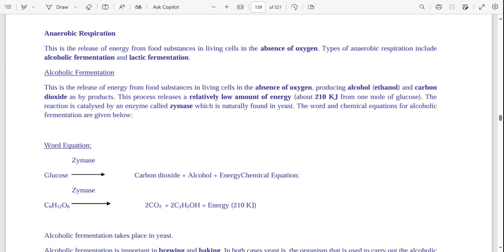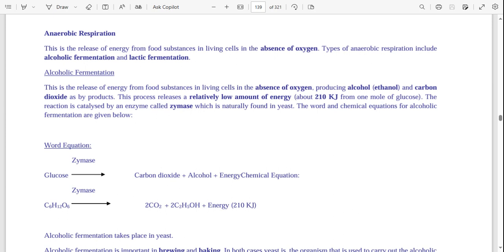If you've seen people who make traditional brews, this enzyme is going to be used. So glucose, you can see there's no oxygen now, is going to be catalyzed by zymase, and you're going to produce carbon dioxide, alcohol, and energy.